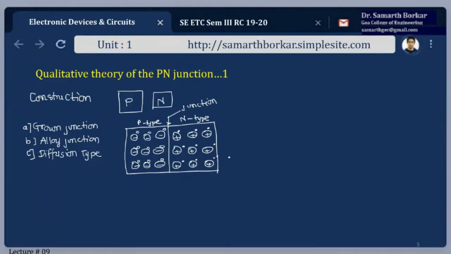If I connect it in the opposite direction, it is referred to as reverse bias. That case we'll take up in the next class. Under reverse bias, due to the minority charge carriers, some current does flow, but it offers a very high resistance in the reverse direction. How this happens, we'll try to understand.